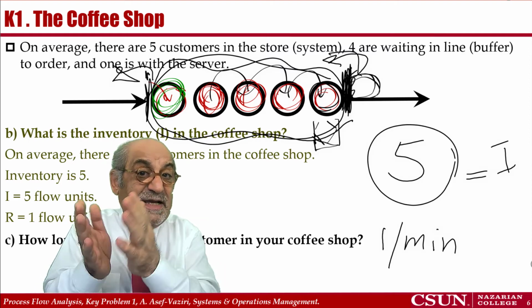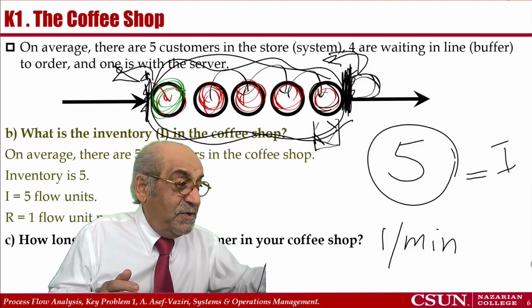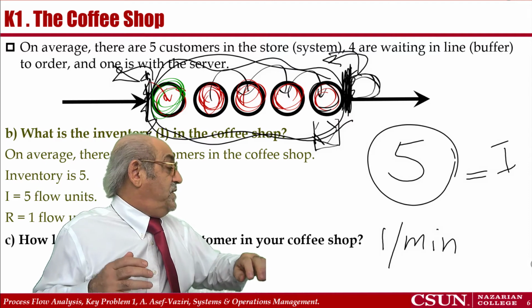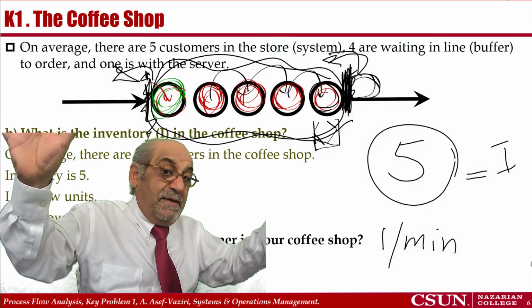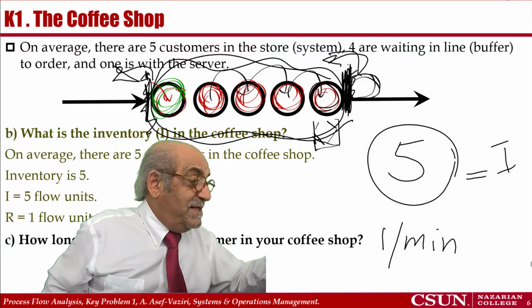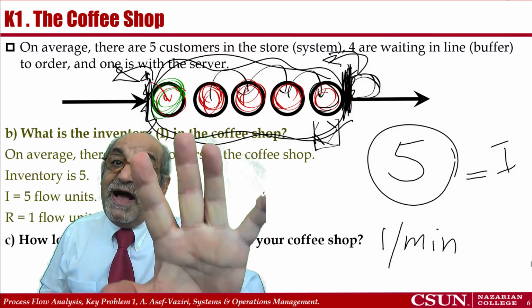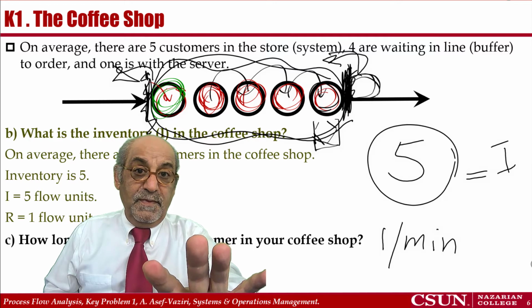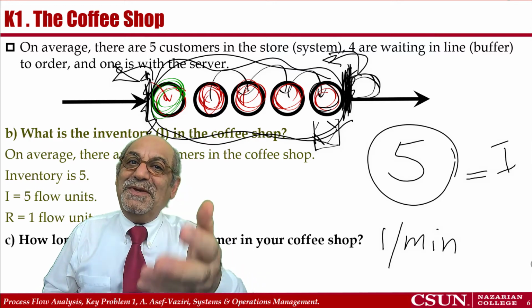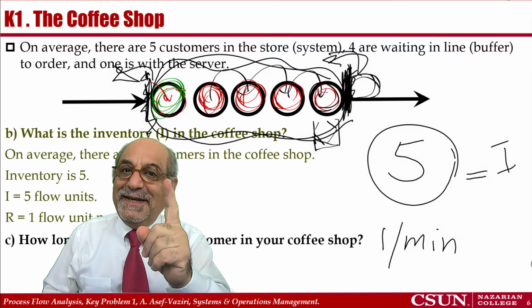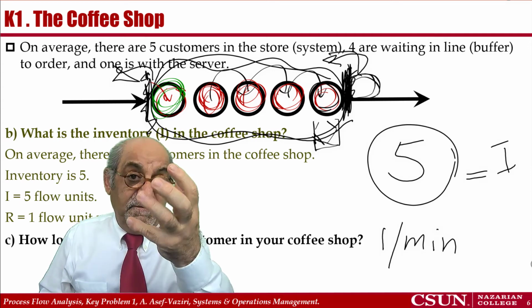1 per minute. How long does it take for 5 customers to go behind him? Because at the first time when he was going to come into the system, he looked over his shoulder and saw nothing. Now when he is leaving the system, he looks over his shoulder and sees 5 people. Those people came in at a rate of 1 per minute.